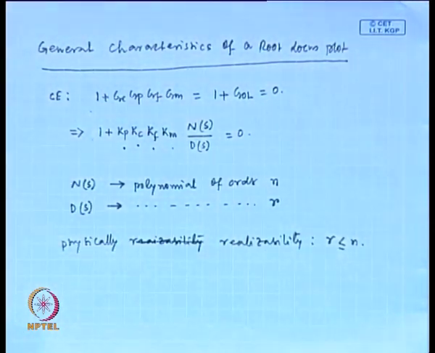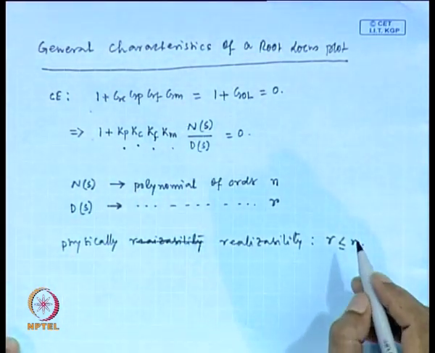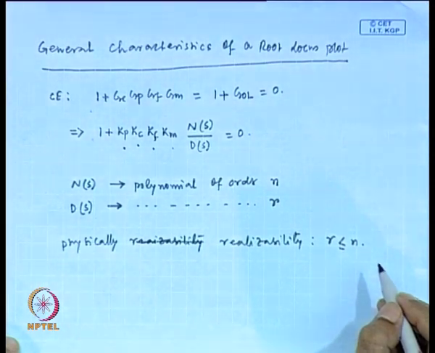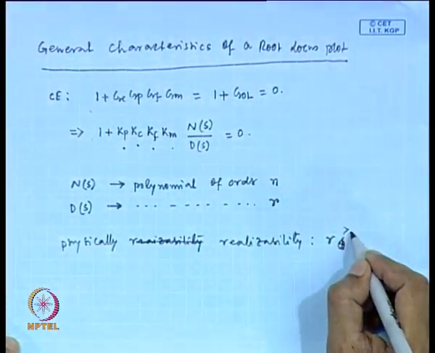For any physically realizable system, r should be... it will be just opposite. r should be greater than or equal to n.